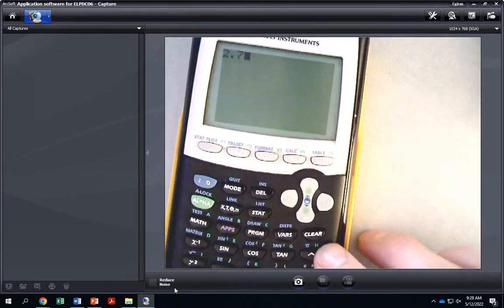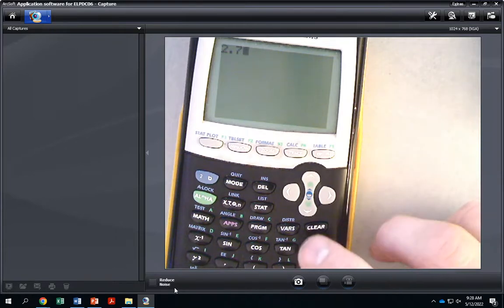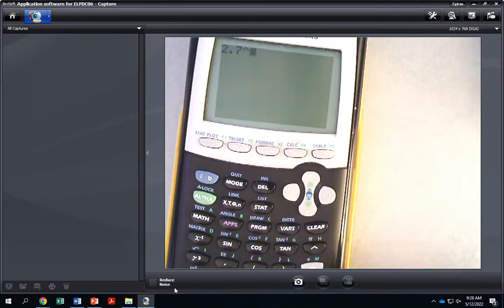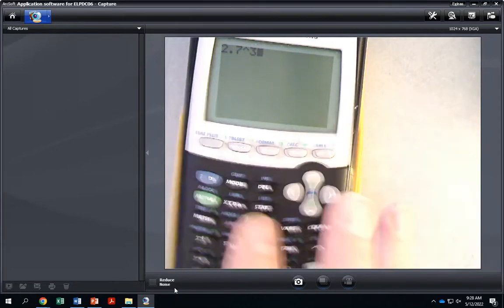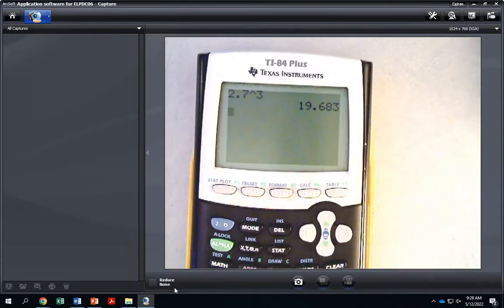It's called the caret key. I don't know why it's called the caret key. There's one right under clear. Press that and it gives you an exponent. If you want to square it, you press a 2, but you're going to press a 3 because you're cubing it, and that's going to give you 19.683.